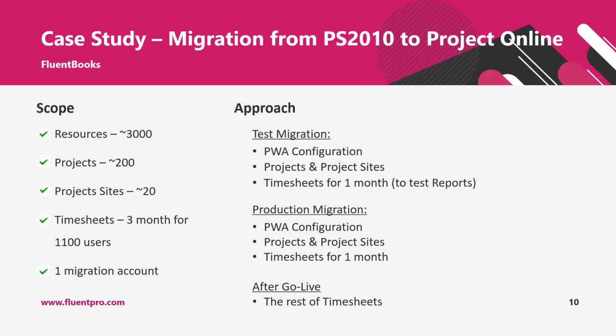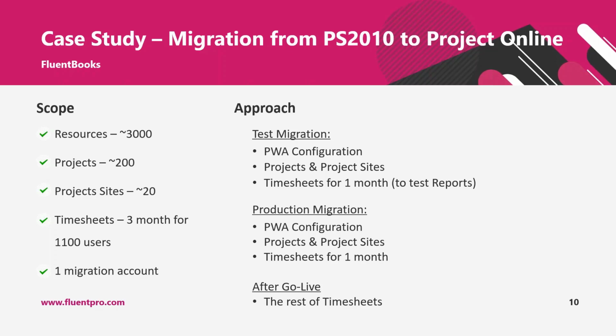But the number of users is significant, 1,100, and with one migration account, the upload doesn't go really fast. That is why our recommendation is to use several migration accounts for data upload. In this case, we would do multi-stream upload, and this helps to speed up the migration pretty much.